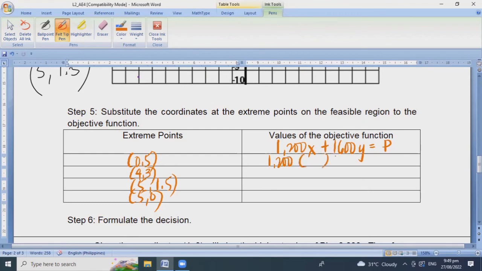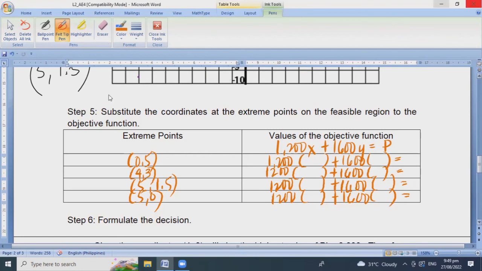Maglagay kayo ng open and close parentheses. Okay, so ilagay na natin yung mga extreme points. Yung una, 0, 5. Ayan, substitution. Then, 4, 3. And then, 5, 1.5. And then, 5, 0. So, yung una, 1,200 times 0 cancel. So, 1,600 times 5 is 8k.